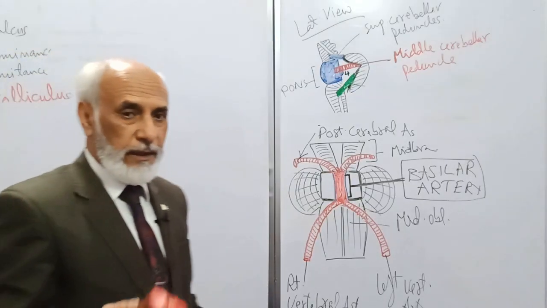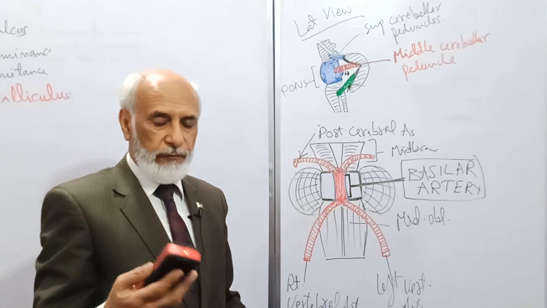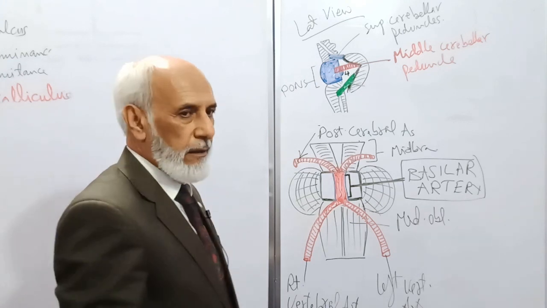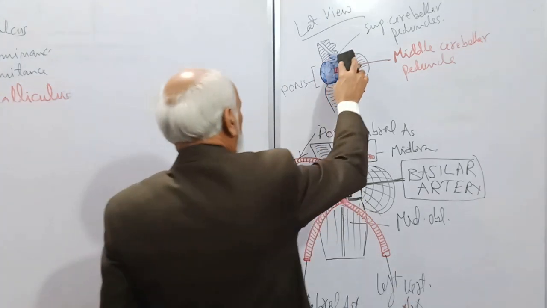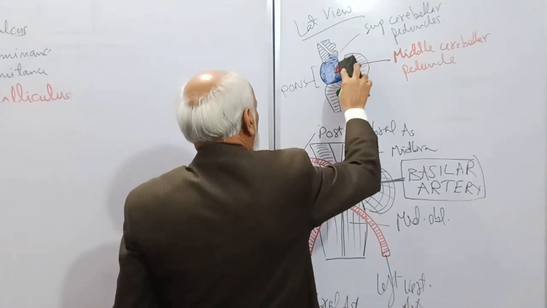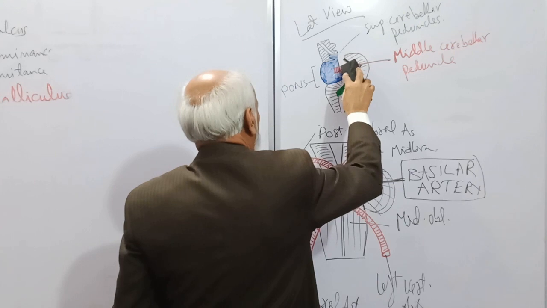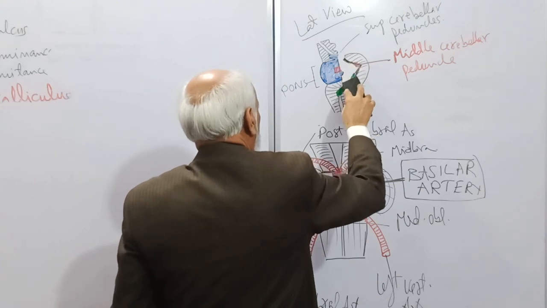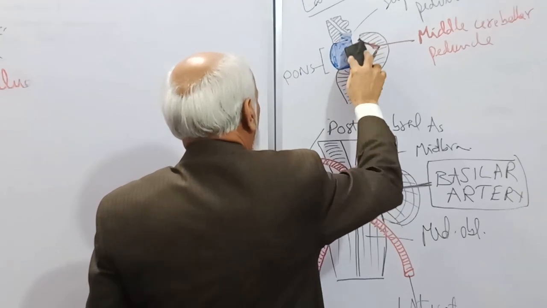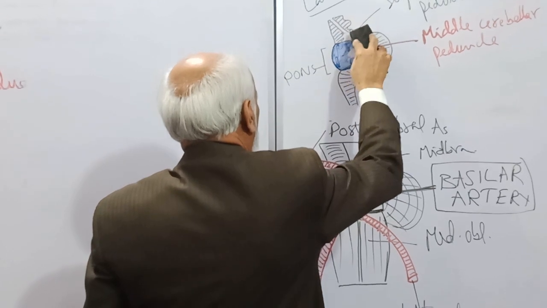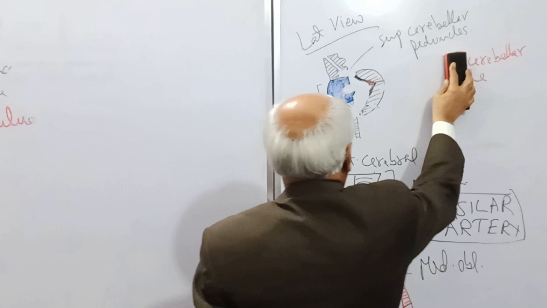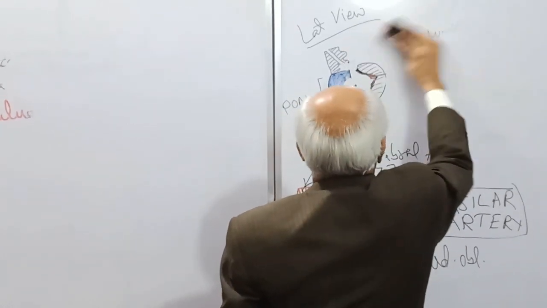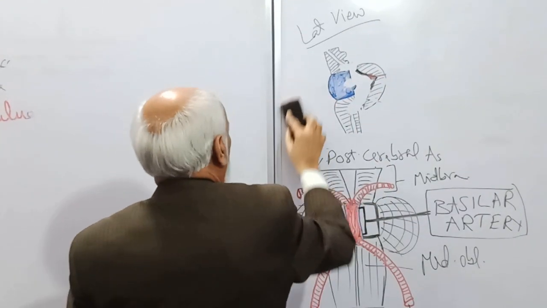Now, if we cut the cerebral peduncles, then the fourth ventricle will become more visualized. For example, we remove the peduncles to expose the fourth ventricle.